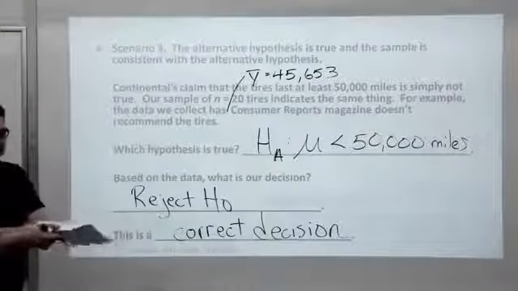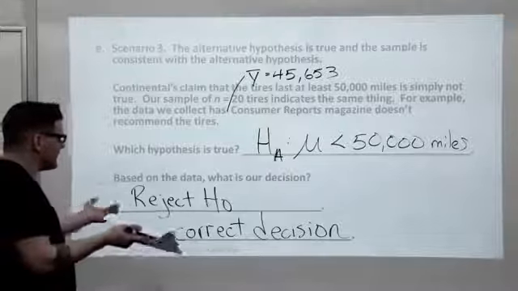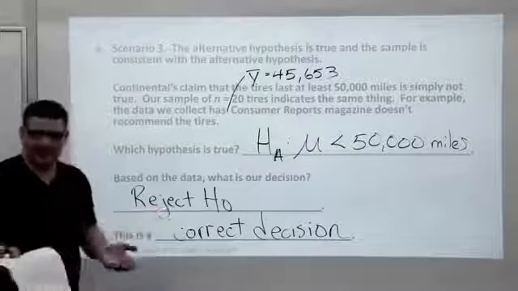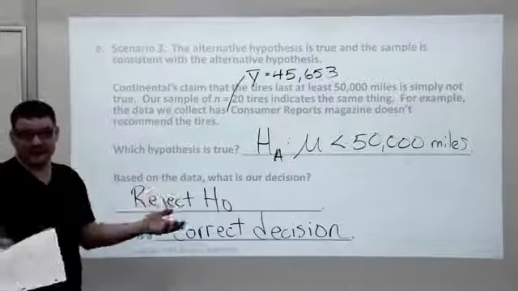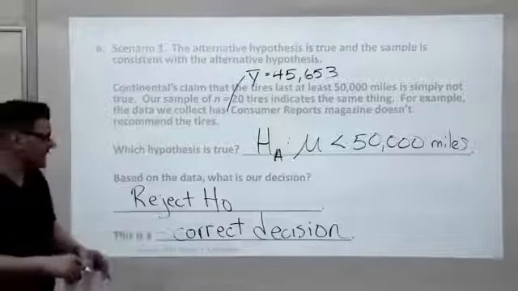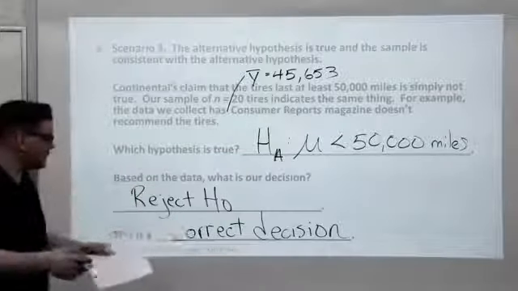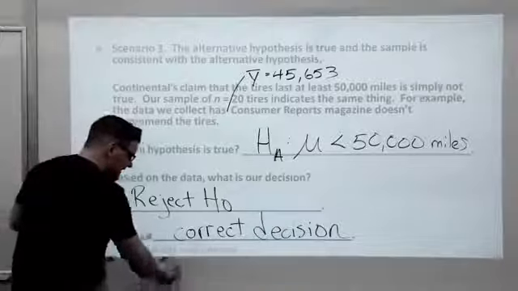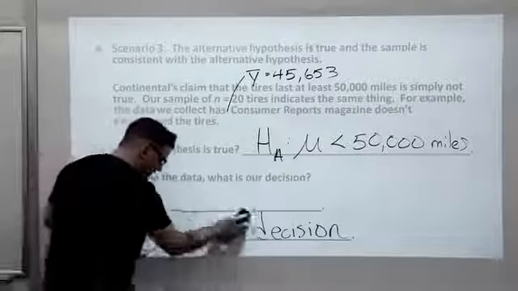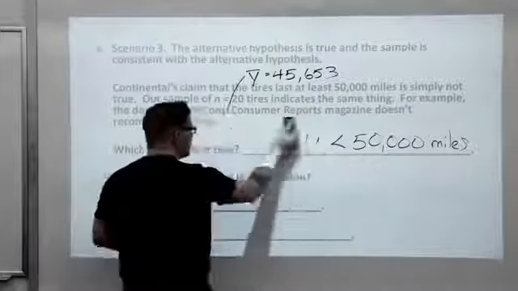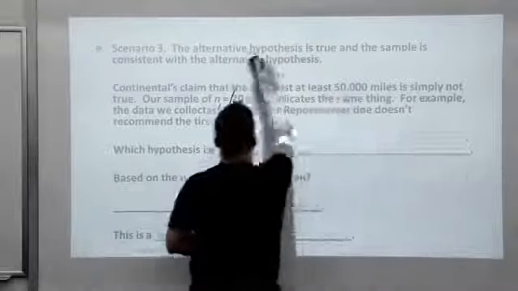Should Continental be unhappy with us? Not necessarily so. I mean, basically they're making a false claim, right? Maybe we've discovered something wrong in their manufacturing process. Maybe they can correct it, fix the problem, and when we do tires next year, possibly they can get that recommendation. All right, so that's a correct decision.